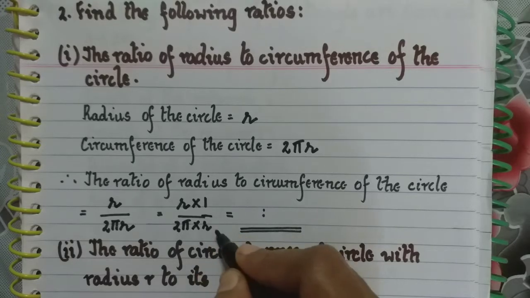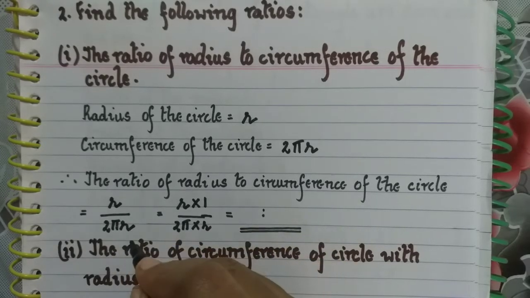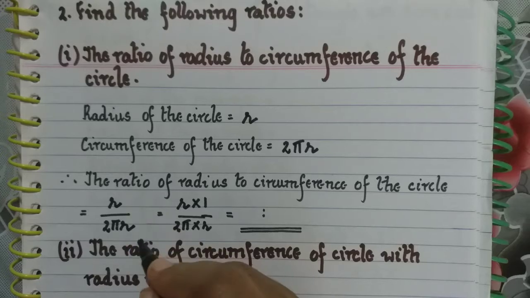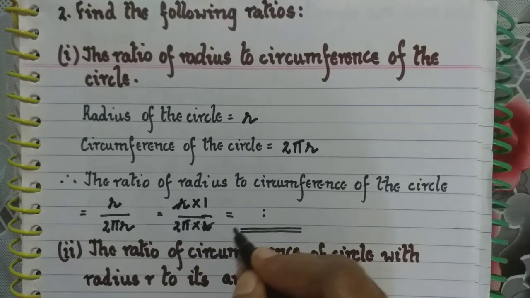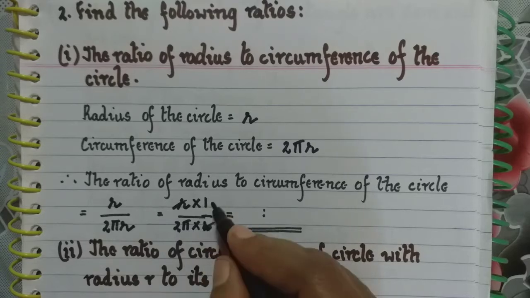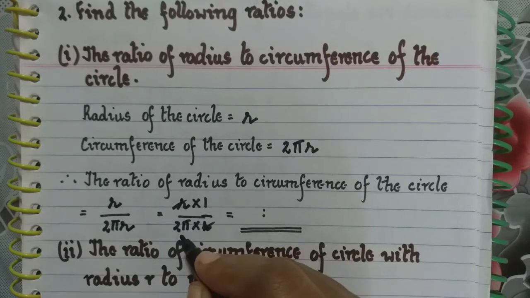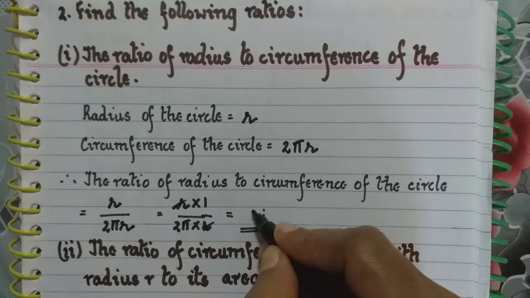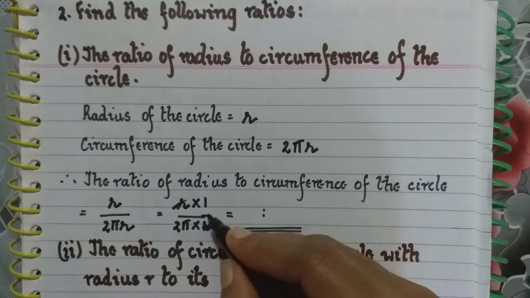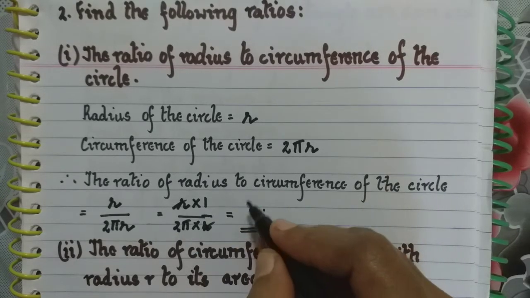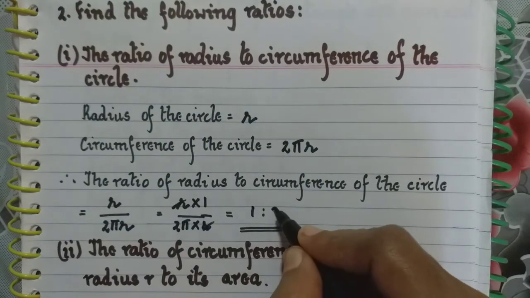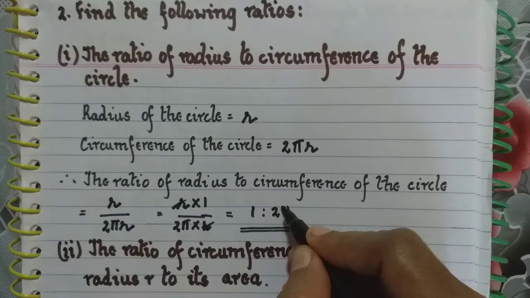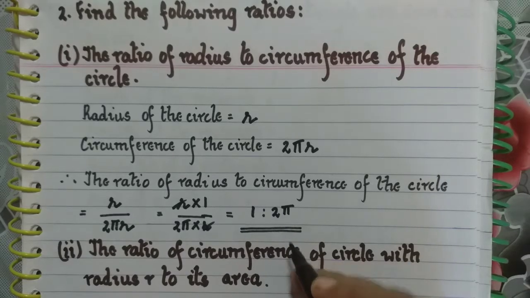Now why have I written like this? Because I know from my numerator and denominator, r is going to get cancelled. So when it cancels, what is left? 1 upon 2 pi. So we have the answer as 1 upon 2 pi, but we have to write it as a ratio. So we write 1 is to 2 pi.